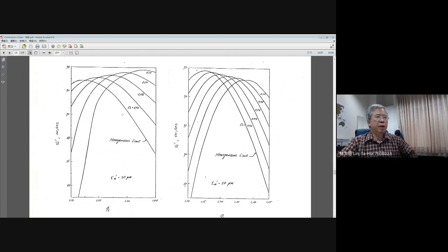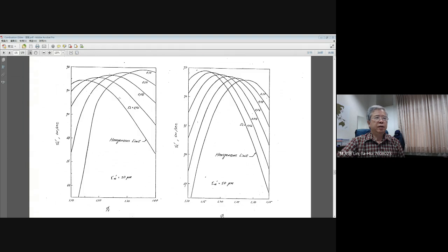The homogeneous limit represents the flame velocity corresponding to the gaseous premixed flame. Now, if you increase the liquid loading, meaning you have more liquid droplets, from 4%, 8%, 12%, and 16%, you can see the flame speed curve shifts to the rich side, and the maximum flame speed increases continuously.